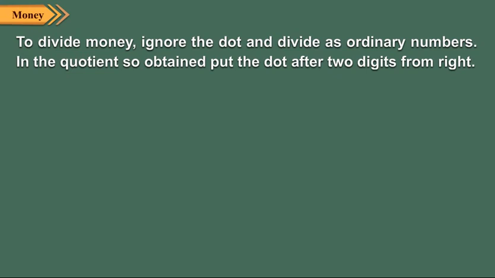To divide money, we ignore the dot and divide as ordinary numbers. In the quotient so obtained, put the dot after 2 digits from right. Let us divide rupees 516.15 by 9. We arrange the dividend and the divisor as shown, ignoring the dot.